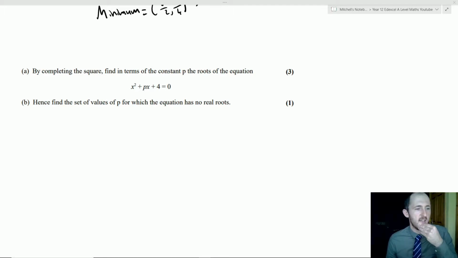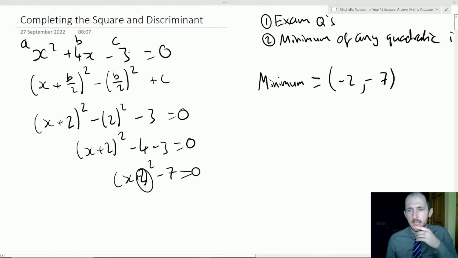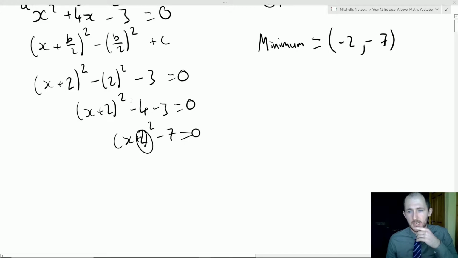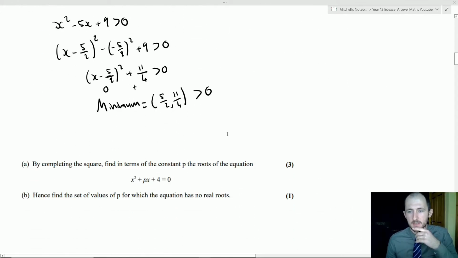Now let's do this next bit. Find, in terms of the constant p, the roots of the equation. This is pretty interesting. With completing the square, one other thing we can do is calculate answers. We can actually calculate what the roots are going to be. And this question is actually saying what the roots are going to be.